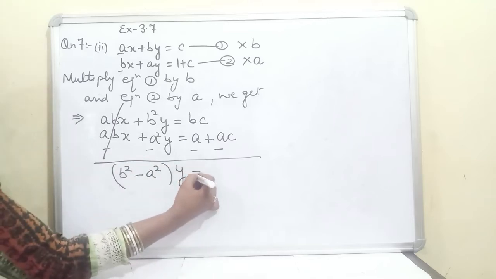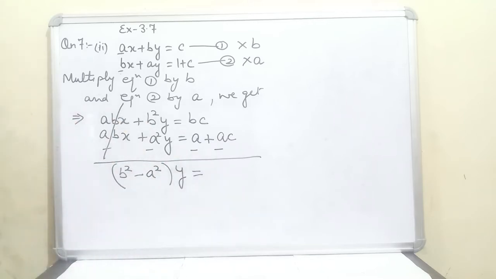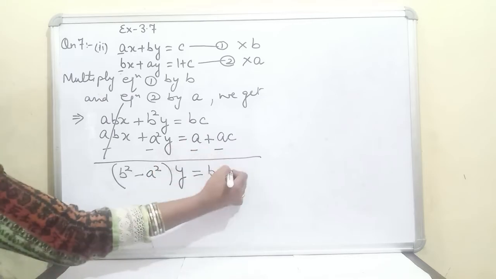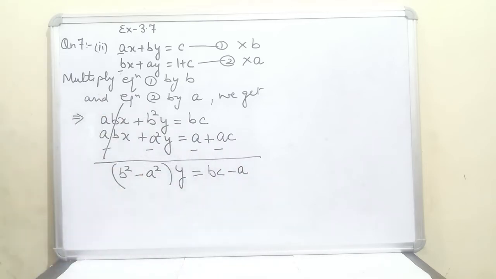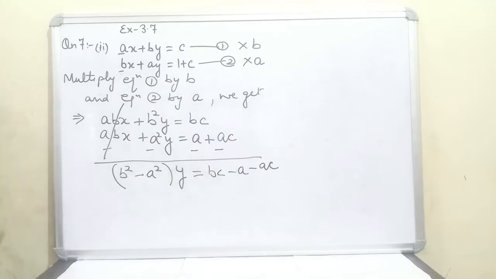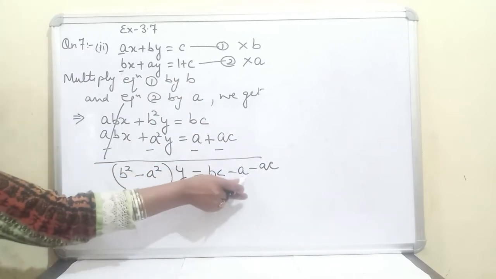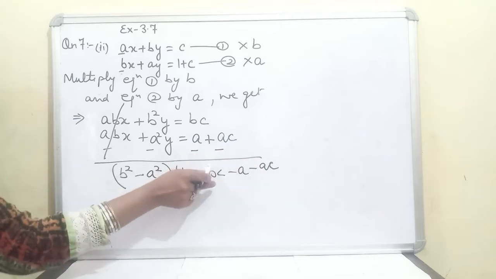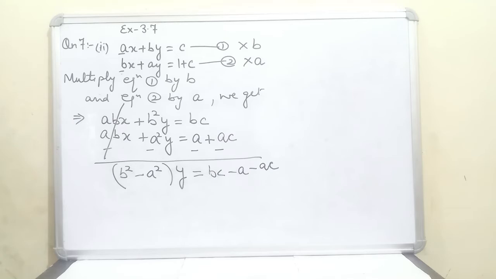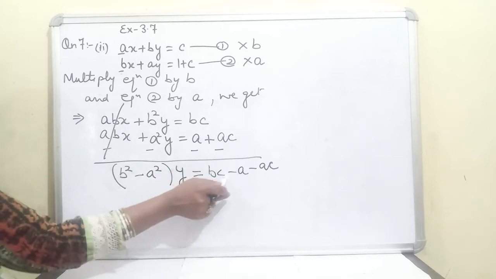Again, if I'm looking at the right side, it's bc minus a, sorry, and minus ac. Can you subtract these two or add or subtract? Can you do anything here? First and third, no, we cannot. We can just take c common.